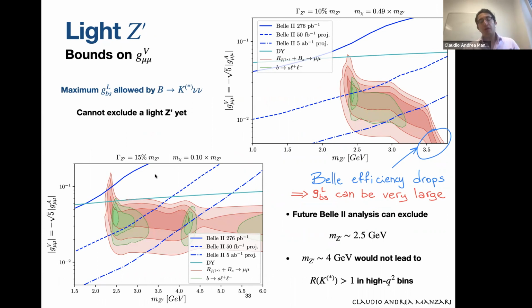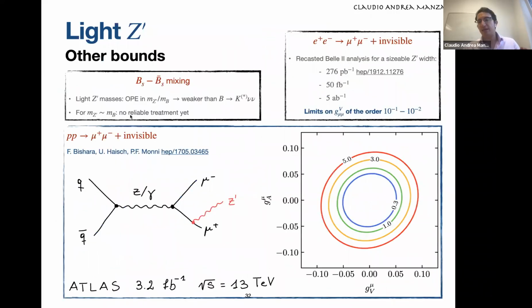For large masses, around 4 GeV, you cannot set any bounds in any case, because there is no reliable treatment for B-S mixing, since you are close to a resonance between Z prime and B.